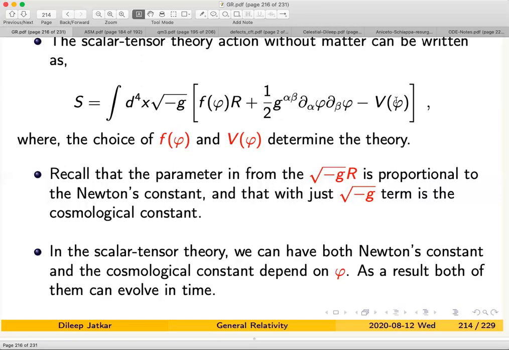Just to give one example, electrodynamics has the coupling e squared upon 4 pi, and at the atomic physics scale, that means of the order of a few hundred electron volts to about a few kilo electron volts, at that energy scale this value e squared upon 4 pi is 1 over 137.